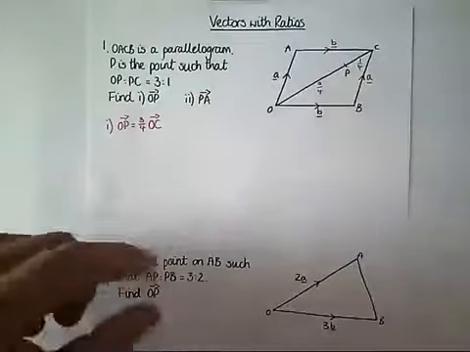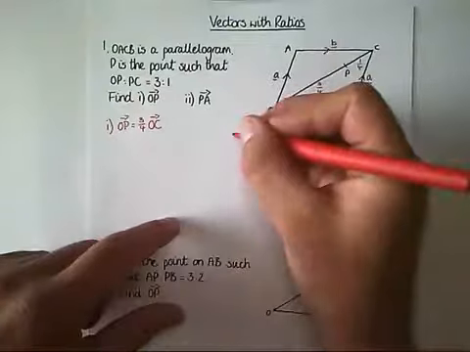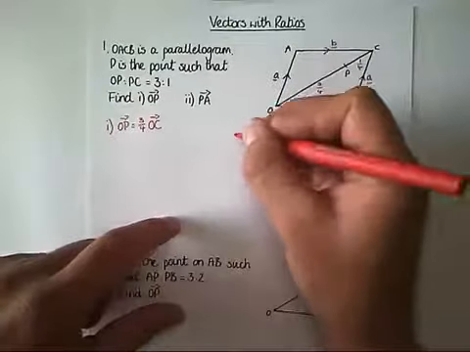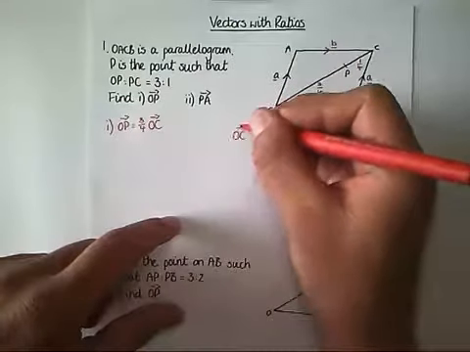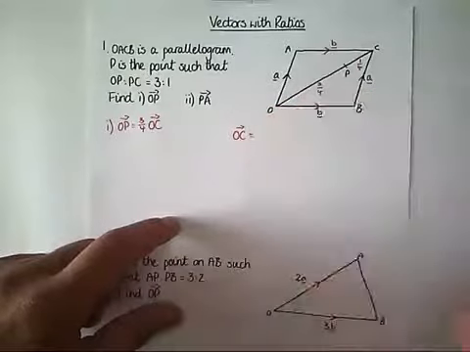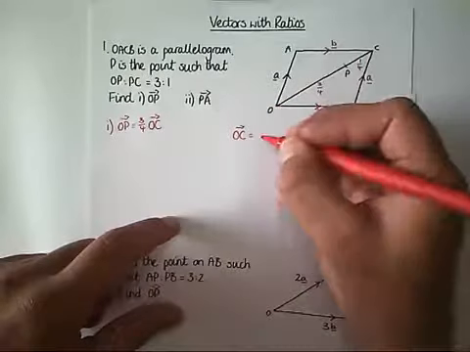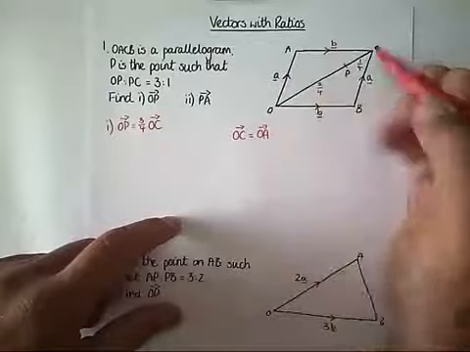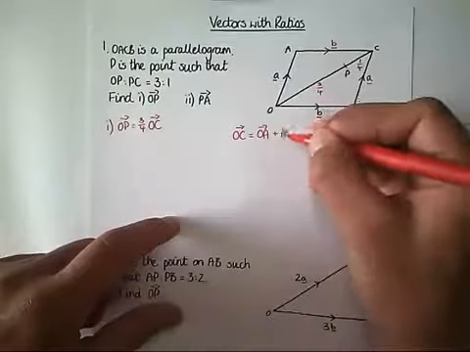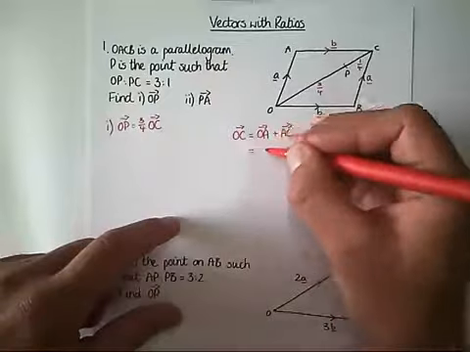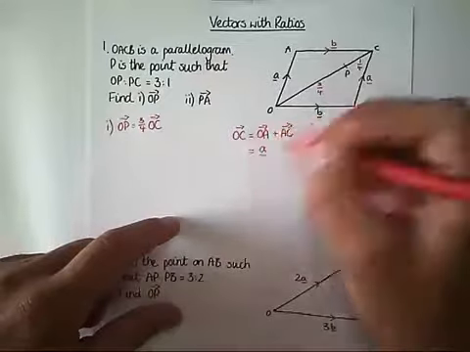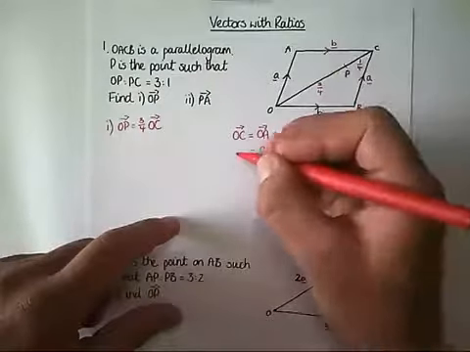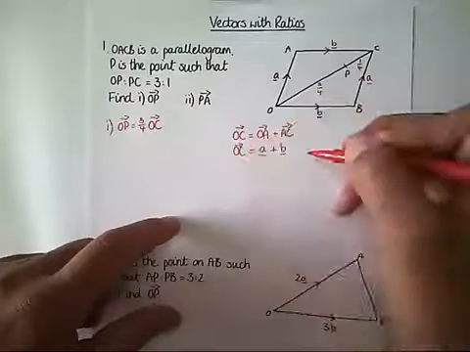Now, come over to the side or maybe underneath. We need to work out what the vector of O to C is. To go from O to C, I'm going to go from O to A and then A to C. O to A is a and A to C is b. So O to C is a plus b.